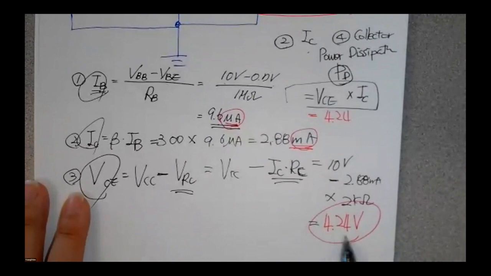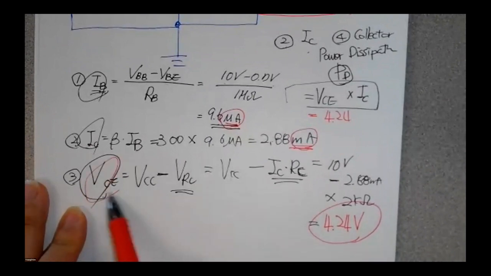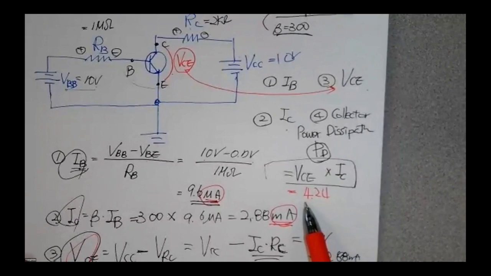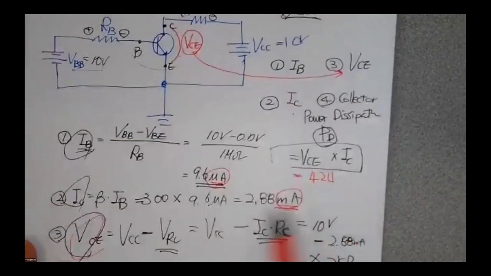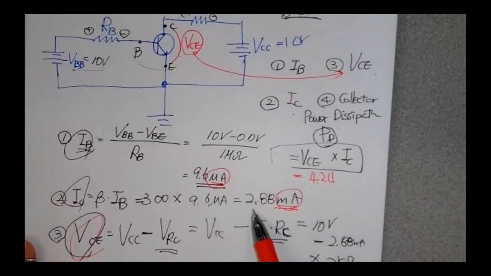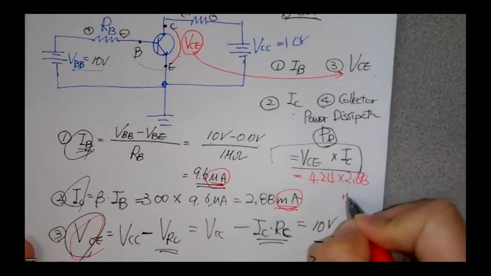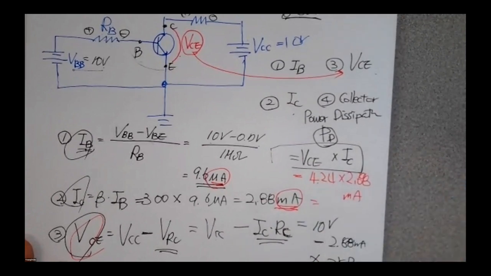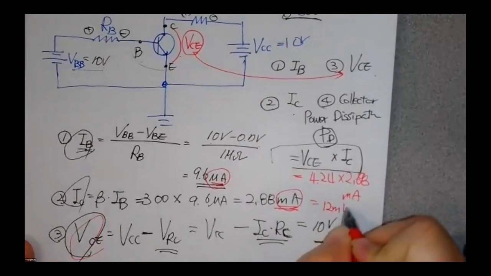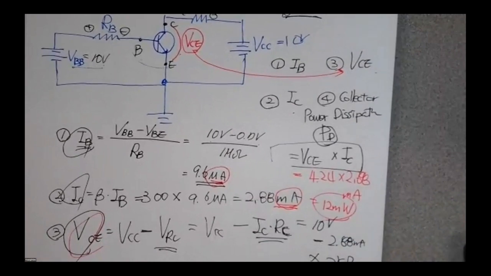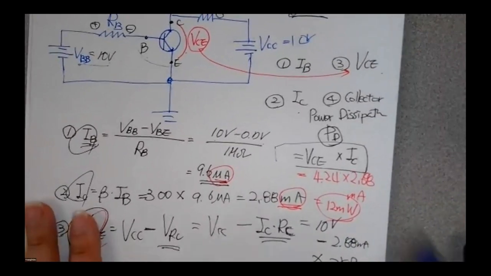Why? Because we have already calculated the V sub CE, just right there. So V sub CE 4.24 multiply I sub C. I sub C, we have also calculated from question 2, 2.88 milliamp. So after we calculate 4.24 multiply 2.88, 12 milliwatts.